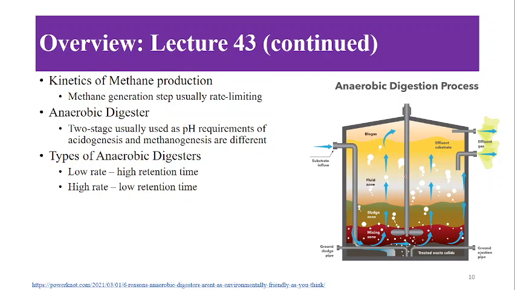The types of anaerobic digesters can be low rate, with low throughput rate, and high rate with high throughput rate. But the disadvantage there would be the low retention time, and the advantage for low rate will be high retention time.